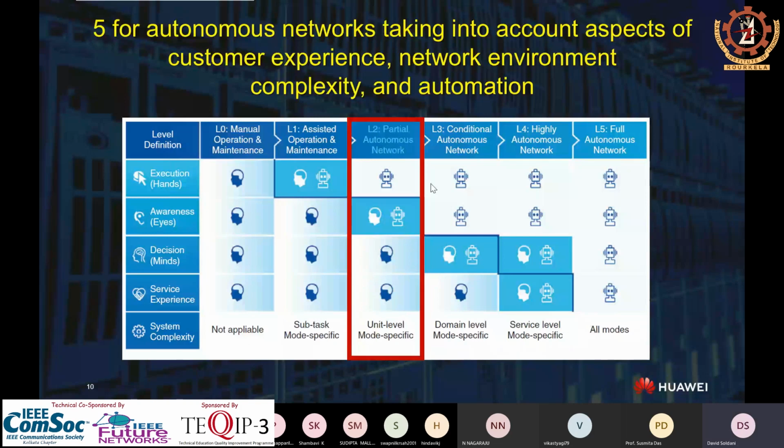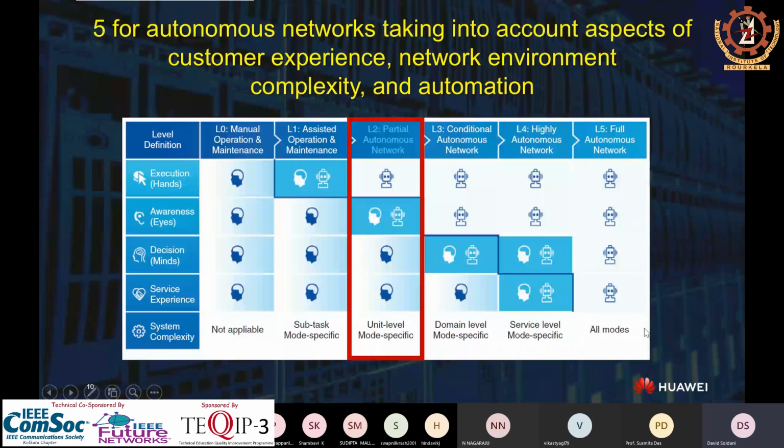So where are we today, and what would we like to achieve in terms of these different levels, from level 0, which means all tasks are performed manually, to level 5, which means fully autonomous, which in practice means that there is no human intervention.